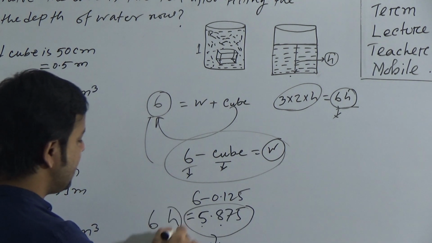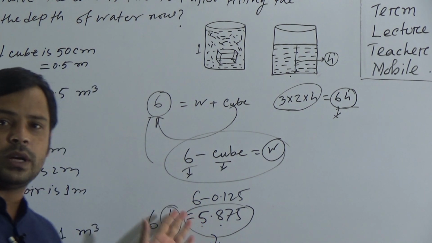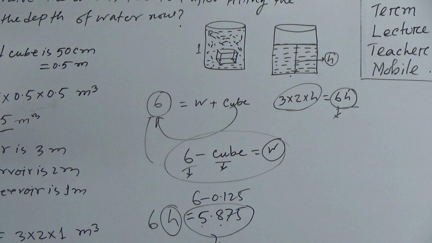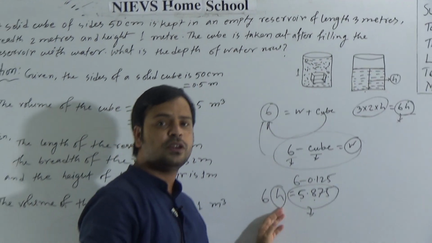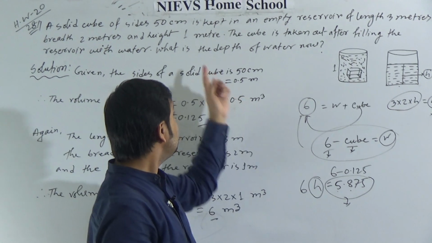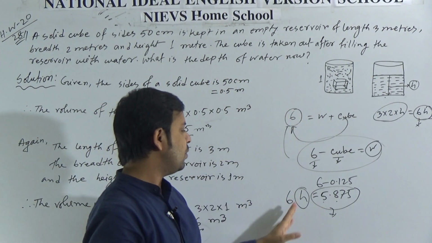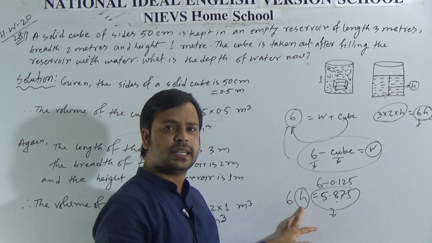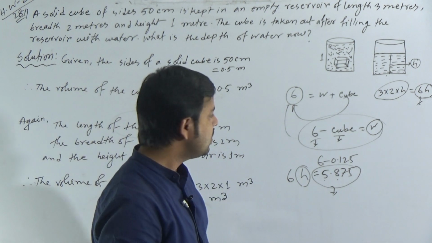Here h is the height or the depth of the water. Our question is we need to find the depth of the water. It means we have to find the value of h. We have taken the depth as h, so if we solve this equation we will get the depth of the water.